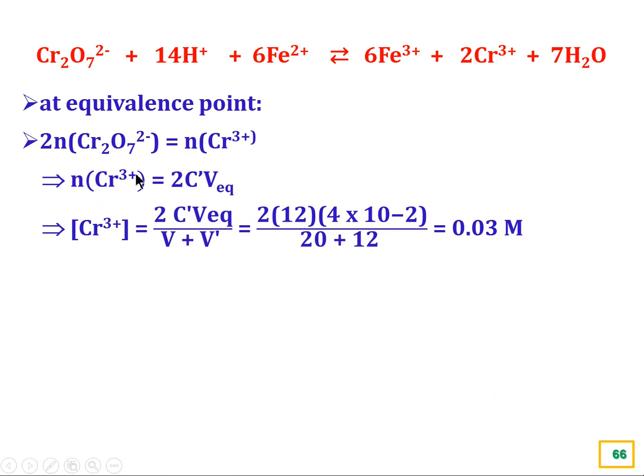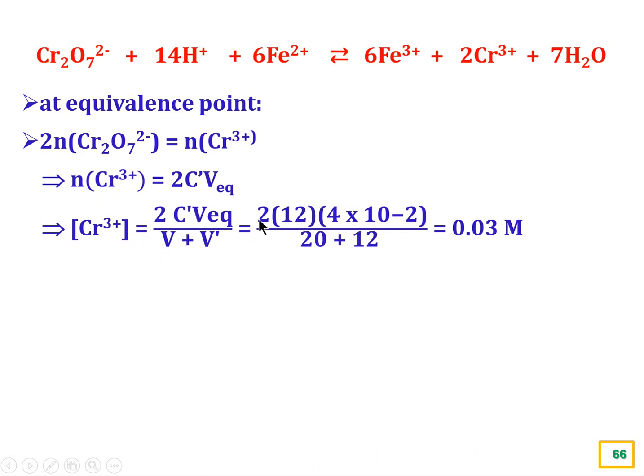The number of moles of chromium is equal to twice the number of moles of dichromate. So the chromium concentration equals 2 C prime V equivalence divided by V total, so 2 C prime V equivalence divided by V plus V prime. The V is 20 mL plus V added 12.